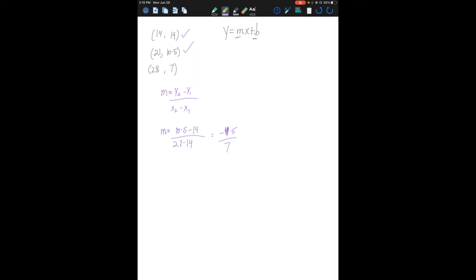That's what you get for your slope. M equals negative 4.5 over 7.